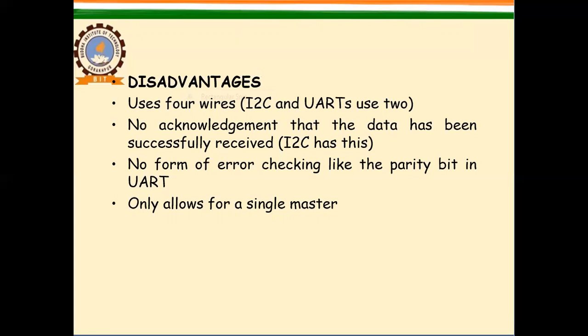And there is also a limitation that no separate bit is used to verify that the data which is sent is actually received by the slave. That means there is no acknowledgement bit or parity bit which verifies the data.